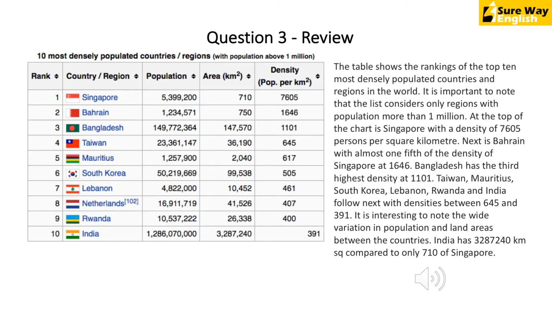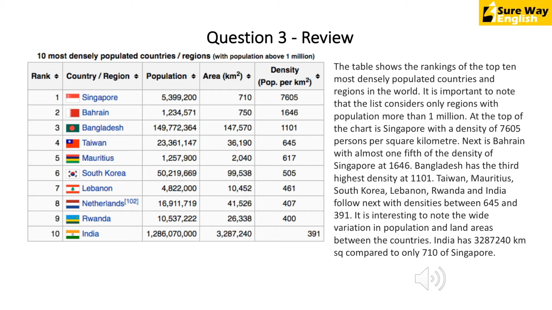Taiwan, Mauritius, South Korea, Lebanon, Rwanda, and India follow next with densities between 645 and 391. It is interesting to note the wide variation in population and land areas between the countries. India has 3,287,240 kilometers squared compared to only 710 of Singapore.